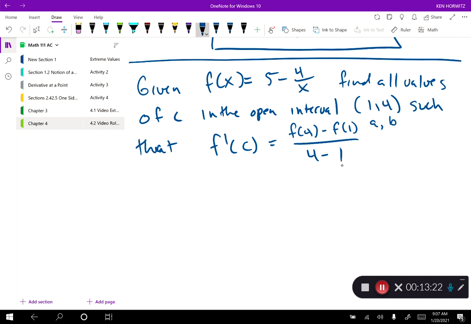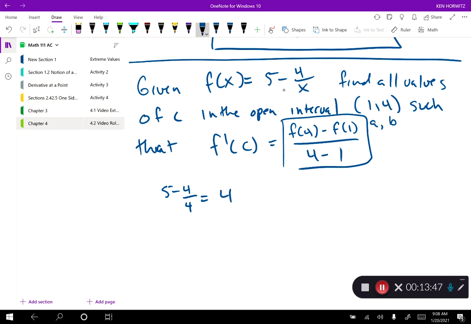All right, so what are we going to do? This looks to me like the slope formula, yes? So let's evaluate that slope. So f of 4 is 5 minus 4 over 4. 5 minus 1 is 4, right?